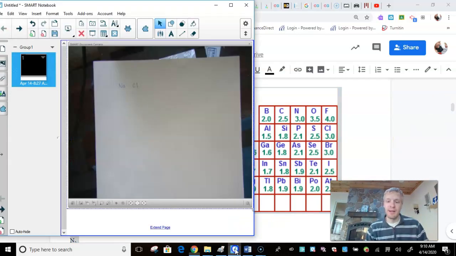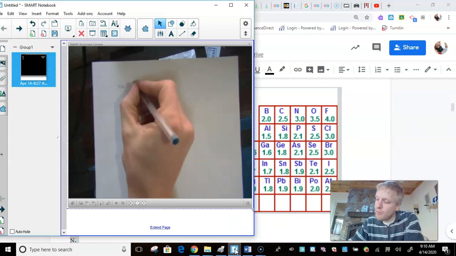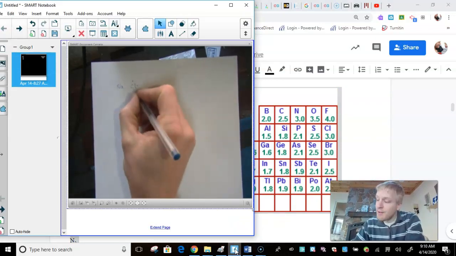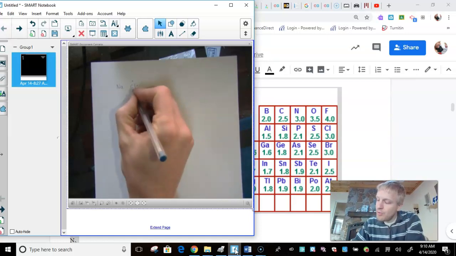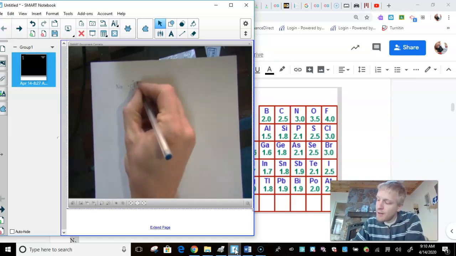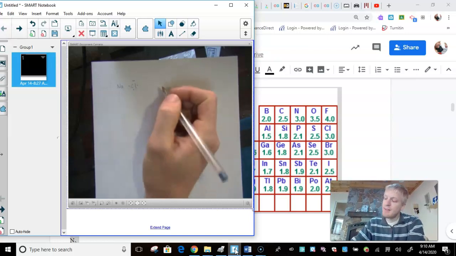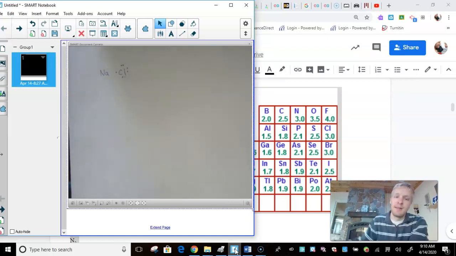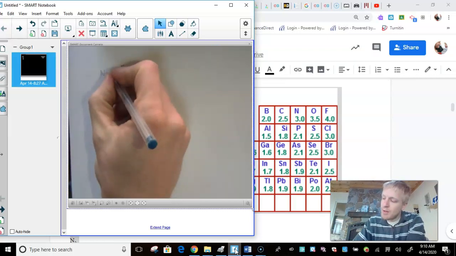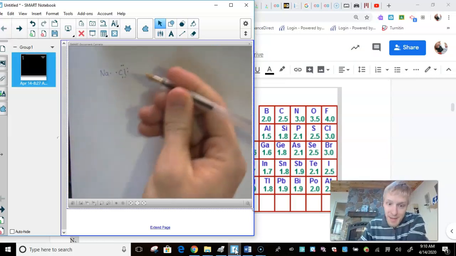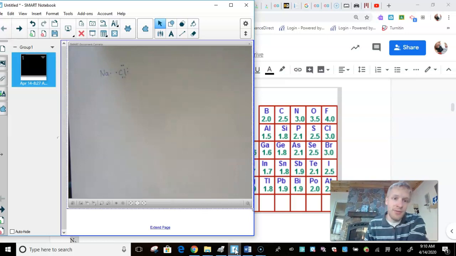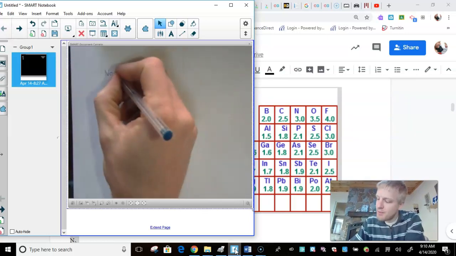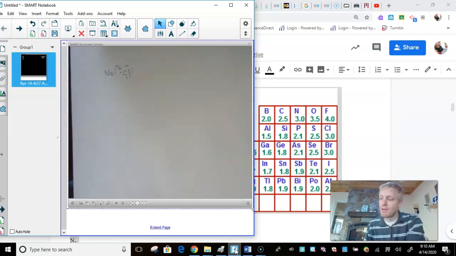Alright, so switching back to here, we got a Lewis dot structure, which we're going to talk about in another video. But it has 1, 2, 3, 4, 5, 6, 7, and those dots represent outer electrons. And sodium has 1. Unfortunately, I have a pen. It would be best for you to use a pencil because I want to show that this electron gets transferred over to the chlorine.